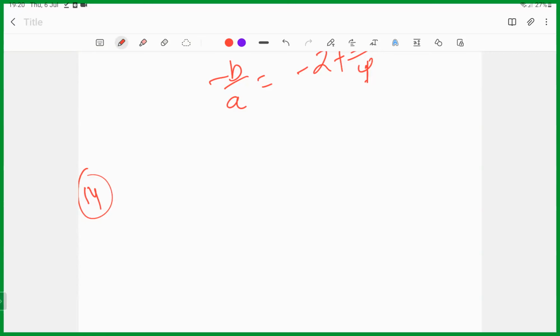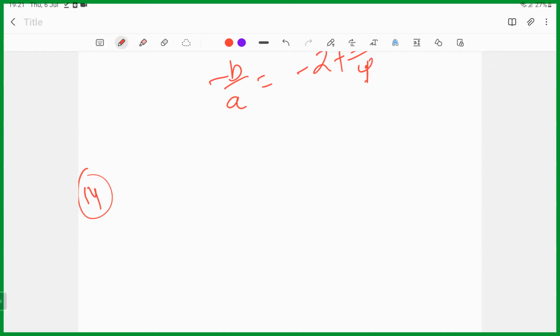So what is the condition for real and unequal? B square minus 4ac greater than 0. Less than 0 means no real roots.